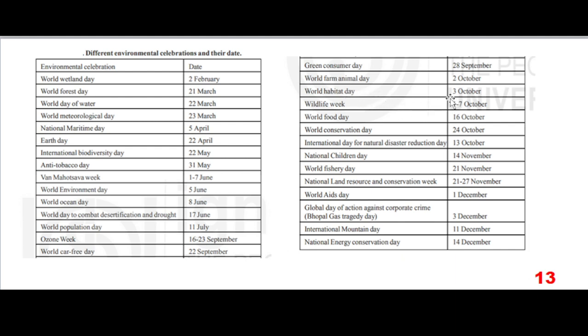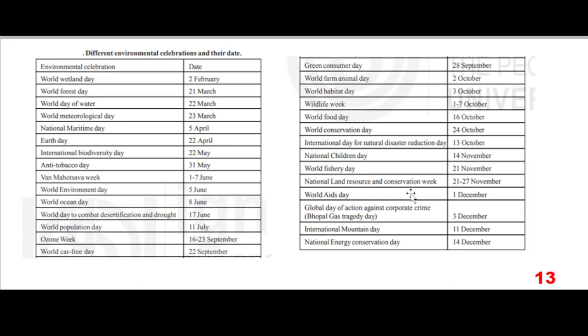World Habitat Day on 3 October. Wildlife Week, 1 to 7 October. World Food Day on 16 October. World Conservation Day on 24 October. International Day for Natural Disaster Reduction, celebrated on 13 October. National Children's Day, 14 November. World Fisheries Day, 21st November.